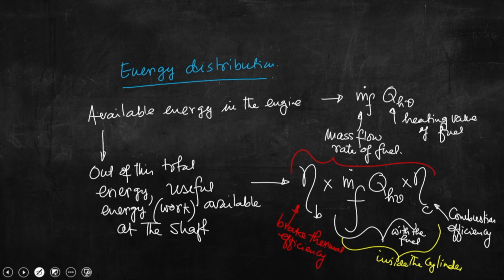Okay. So, this is the amount of energy which we are getting at the shaft. So, if we write one step further, we can tell that m dot f q h v minus eta b eta c m dot f q h v.